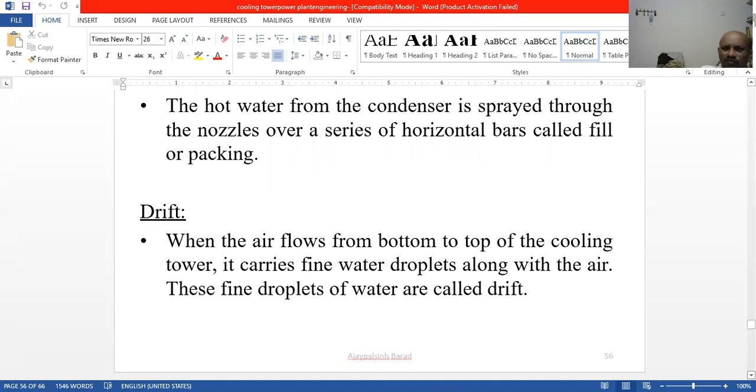We can say that the water and the air are mixing, and that droplet we call drift. Actually, the air is carrying that water, so that is called a drift.